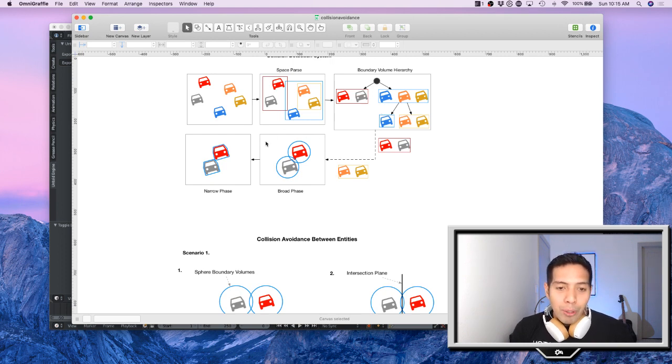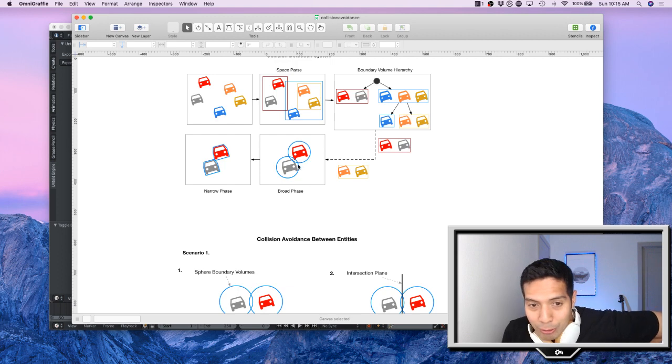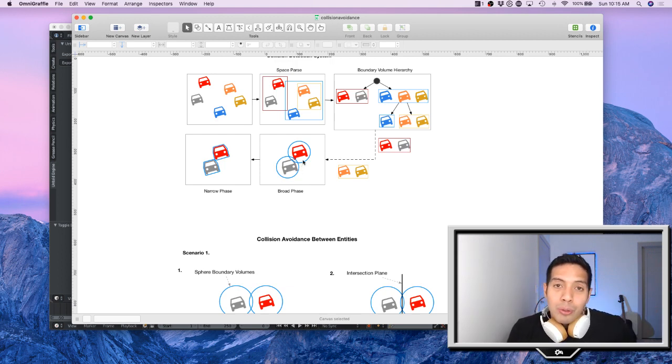In the broad phase, I just do a quick test between two spherical bounding volumes, and if it's true, I send it to the narrow phase. If these two are not close enough to collide, then I just skip it and go to the next node in the tree.